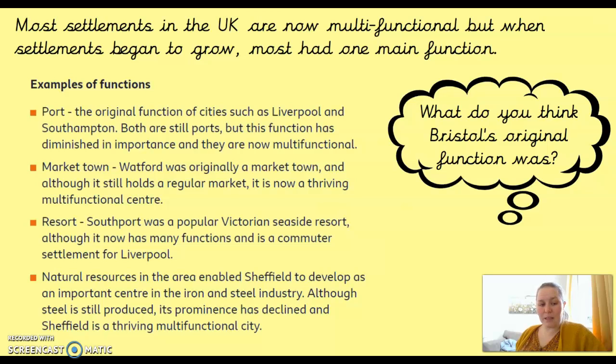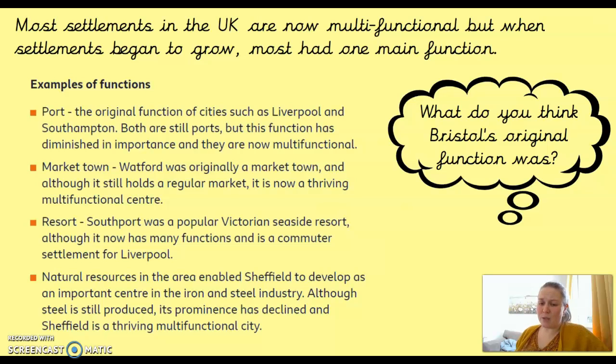A resort, so a seaside resort, so coastal places would have started as resorts. And then natural resources in places where it helps them to thrive as a city. So, for example, Sheffield was an important place for producing steel. And so that was its function, producing steel and then obviously supplying that to other places.